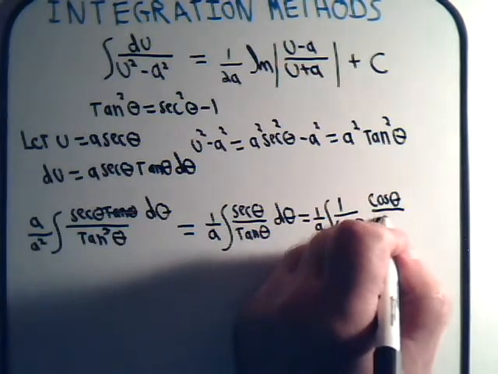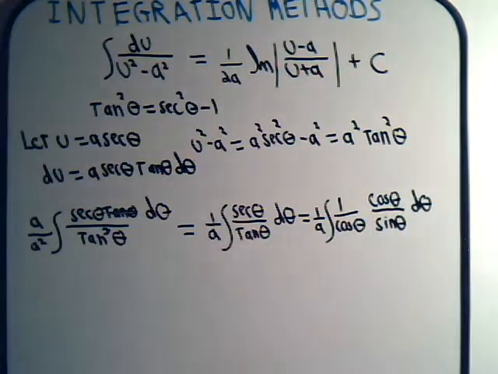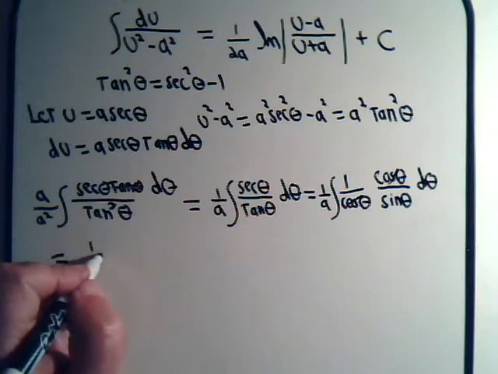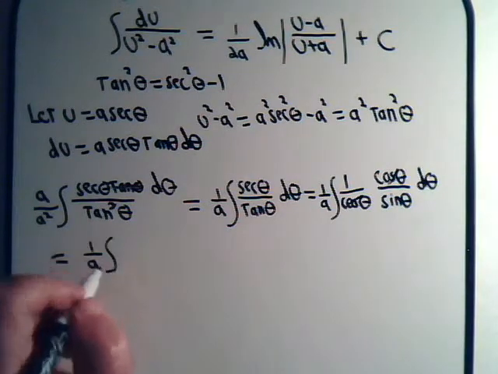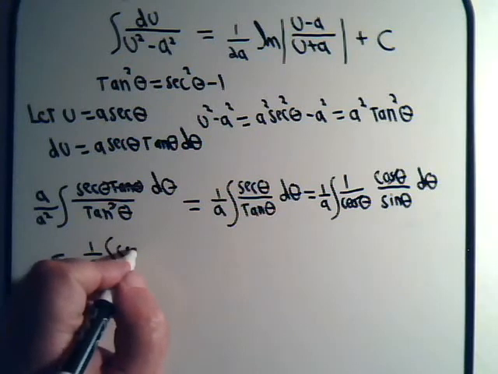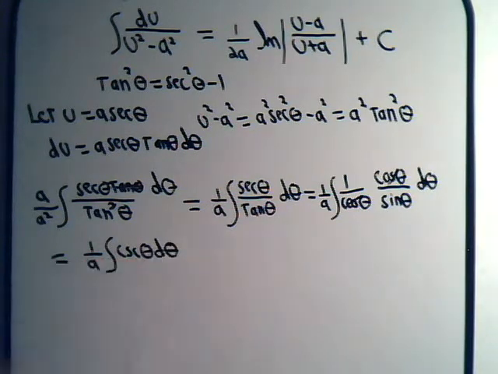And it comes out like this. These cancel. So this now becomes 1 over a, the integral. 1 over the sine of theta is the cosecant of theta d theta.